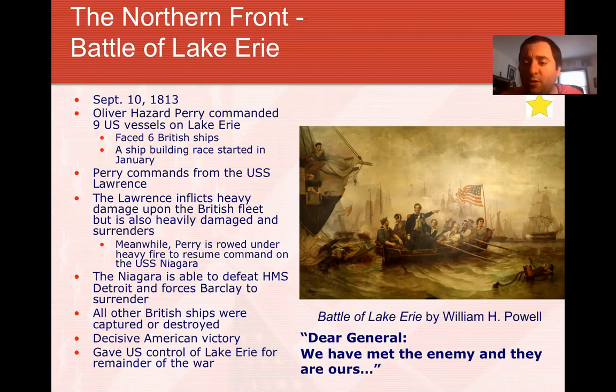Take a look at the image, sheer chaos, to resume command. So he needs to take command again on the USS Niagara. The USS Niagara is able to defeat the HMS Detroit and forces Barclay to surrender. Okay, Barclay from Britain. All other British ships were captured or destroyed.